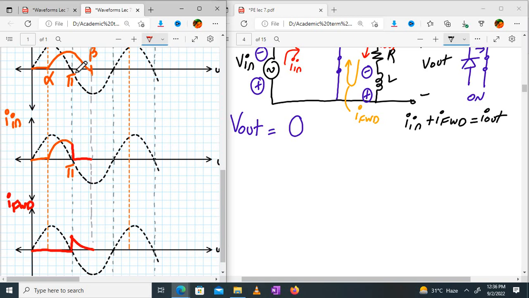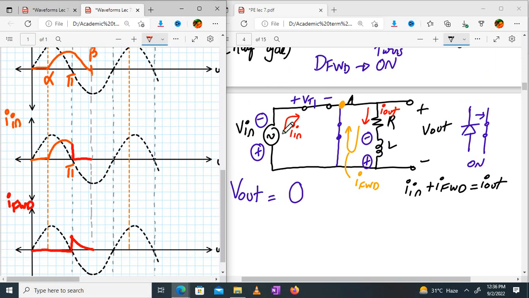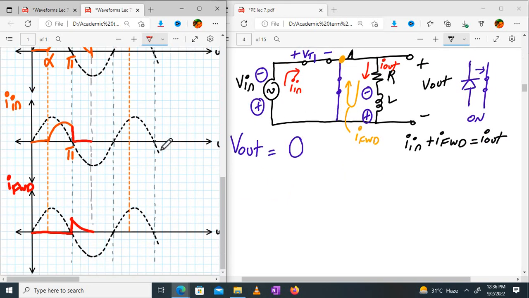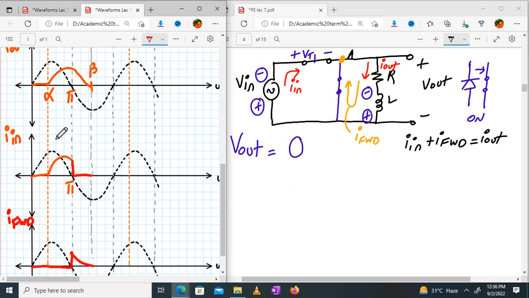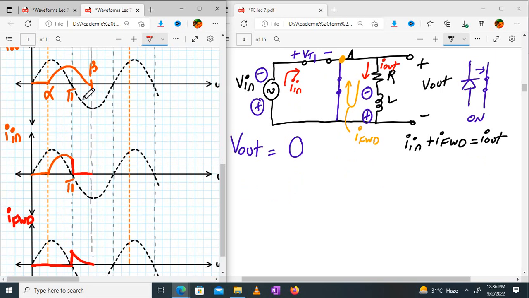So some part of load current is getting transferred to my freewheeling diode current, not to the input current, because input current to flow कुछ है ही नहीं ना, closed loop है. So input current will become 0, but my freewheeling diode current will come and it will flow like this. So this tukda, the freewheeling diode current plus input current will make your output current or load current. Okay?